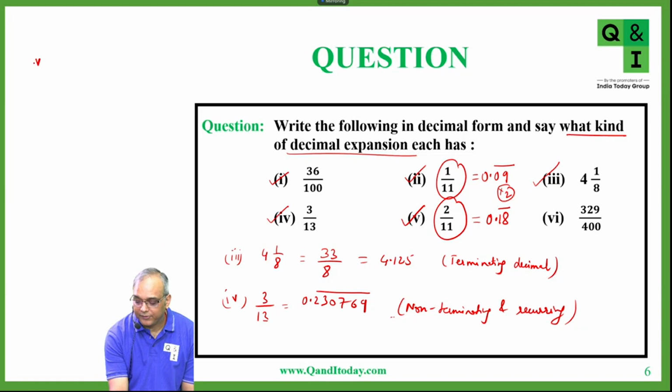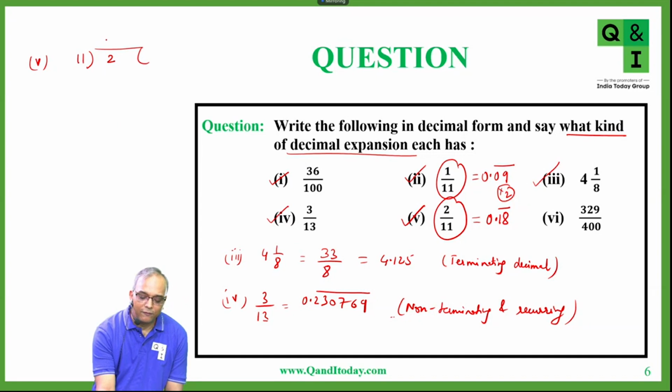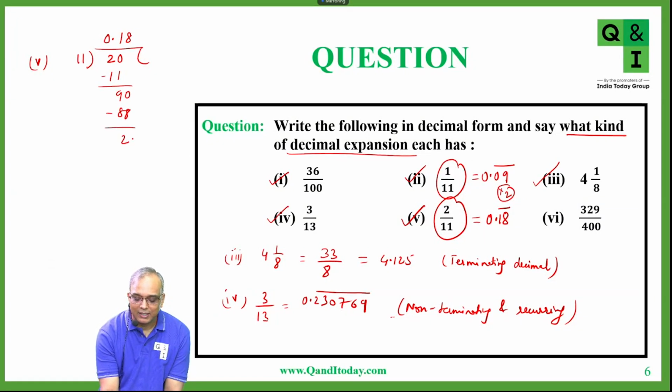So this fifth part is 2 by 11. So I am dividing 2 by 11. If I have decimal here, this will be 20. So 11 times 1 is 11. We have 90. 11 times 8 is 88. Again we get 2, so 20, and this repeats.